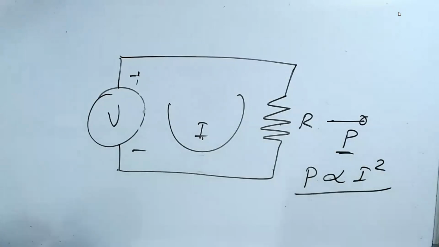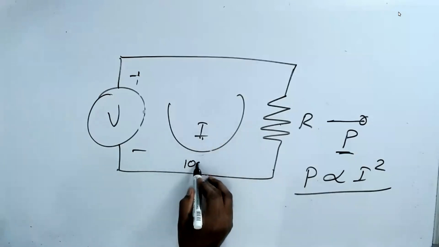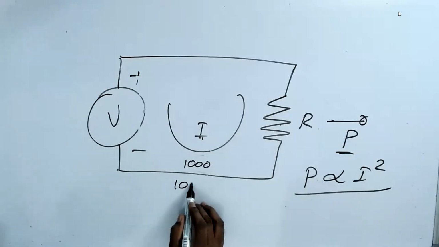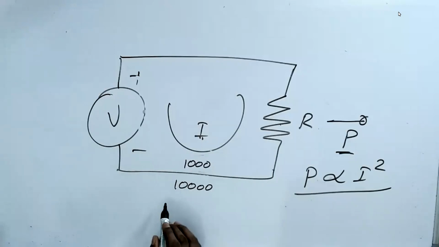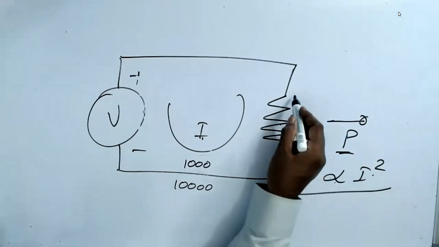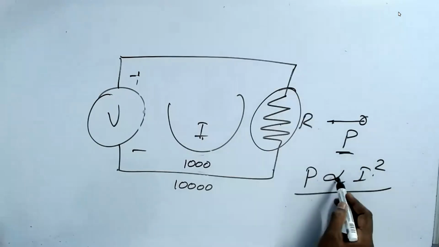Understand? The power is proportional to I square, not I. If I have about 1000 electrons flowing, and 1000 becomes 10,000, it's not exactly proportional. So the power is proportional to I square.